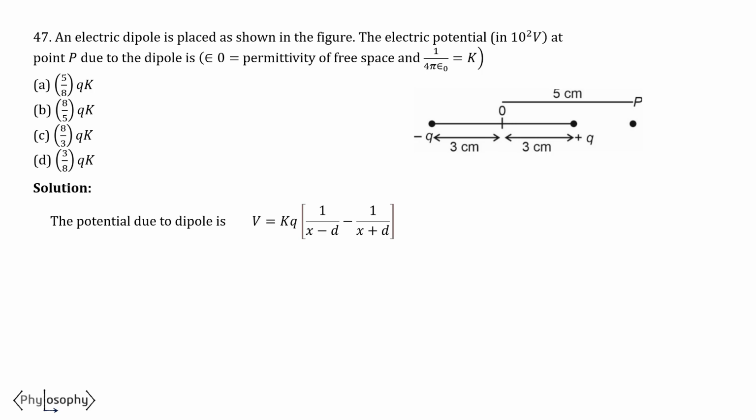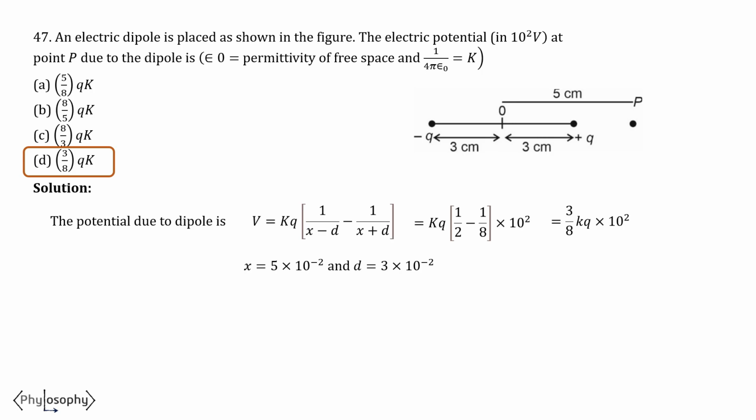Here d is the distance of the charges minus q and plus q from the point O, and x is the distance from point O to point P. Therefore, if we put all these values, that is x is equal to 5 times 10 to the power minus 2 and d is equal to 3 times 10 to the power minus 2, then we will get V is equal to kq times 1 over 2 minus 1 over 8, which is equal to 3 over 8 kq times 10 to the power 2. Therefore, the correct answer is option D.